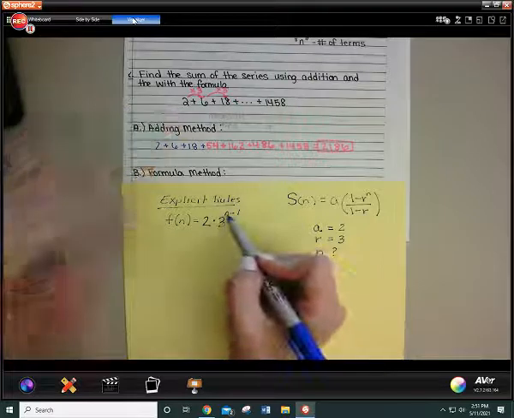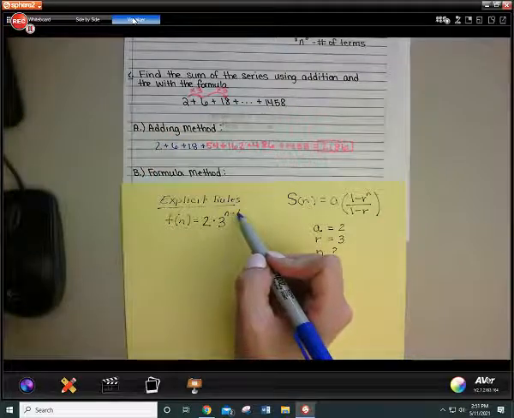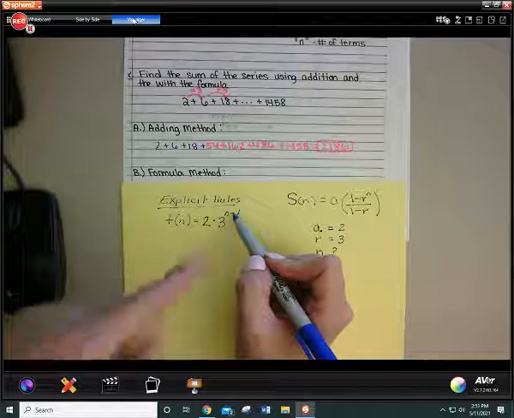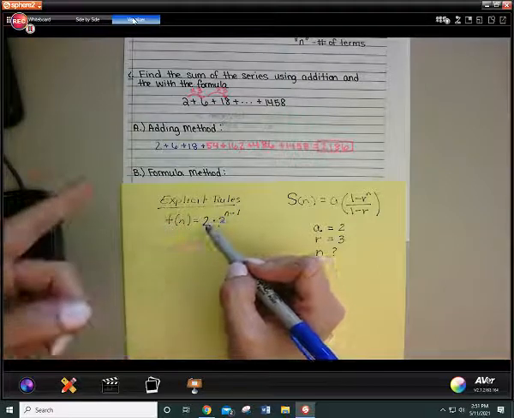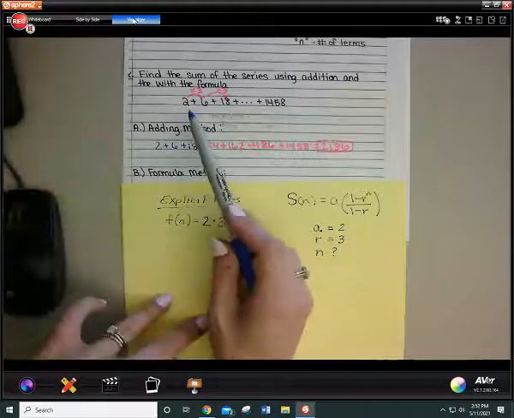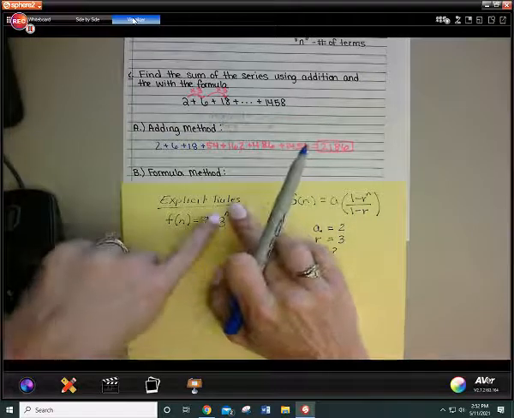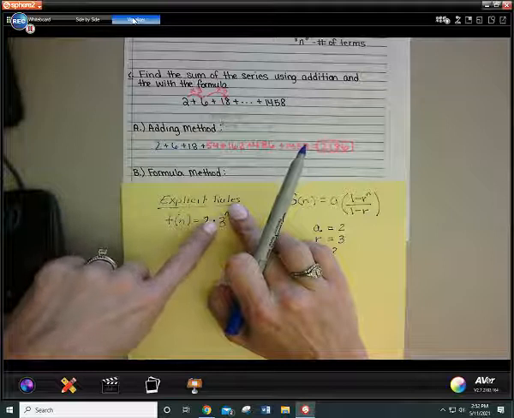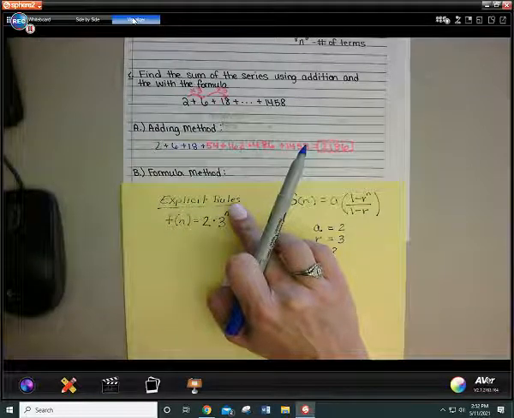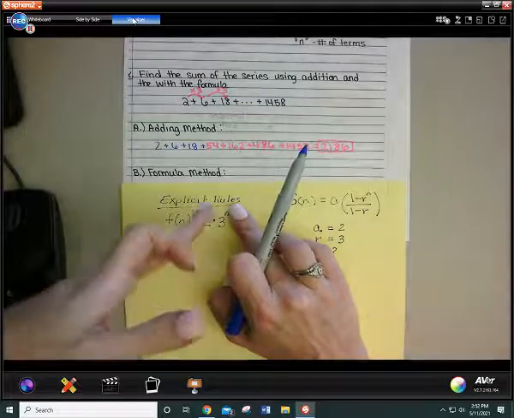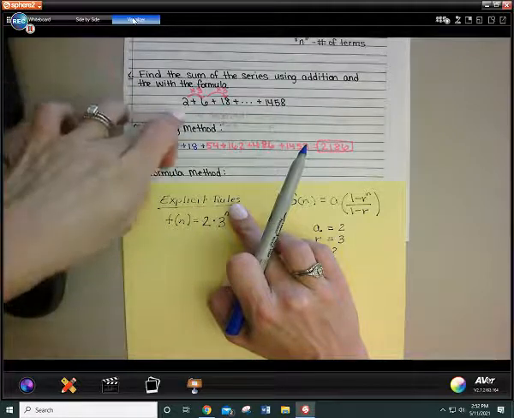If I plugged in a 1, 1 minus 1 is 0, and 3 to the 0 is 1, and 1 times 2 is 2. So that's why I know that it's n minus 1. If that was just an n and I plugged in a 1, 3 to the first would be 3, and 3 times 2 would be 6, which wouldn't match up with that first term.